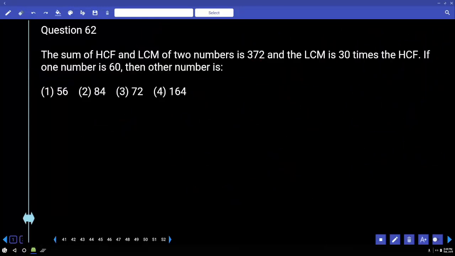The sum of HCF and LCM of two numbers is 372 and the LCM is 30 times the HCF. If one number is 60 and the other number is, here sum of HCF and LCM 372.